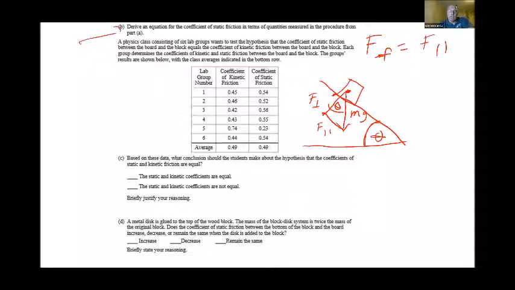I've got an angle right here. F parallel is the side opposite of that angle, and then mg is the hypotenuse of my triangle. So I'm going to say sine theta is equal to opposite over hypotenuse, like that. And that's going to give me, if I rearrange just a bit, this relationship. And I'm going to plug that in right here.